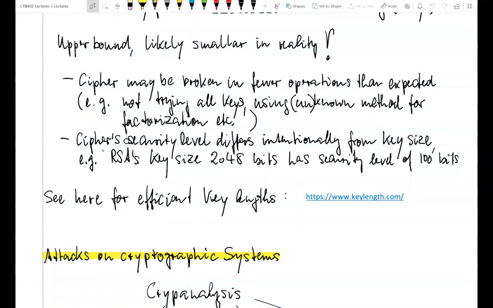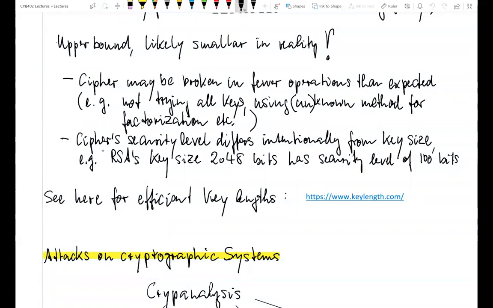In other words, instead of 2 to the 1024, 2 to the 512 operations need to be done. So way fewer operations need to be done in order to break the cipher.